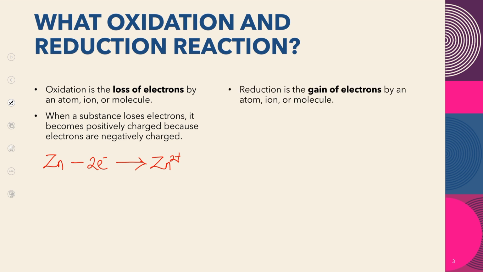Now, what is reduction? Reduction is the gain of electrons by an atom, ion, or a molecule. So when a substance gains an electron, we can say it has been reduced. So let's take an example of an equation. We can say copper 2+, right?